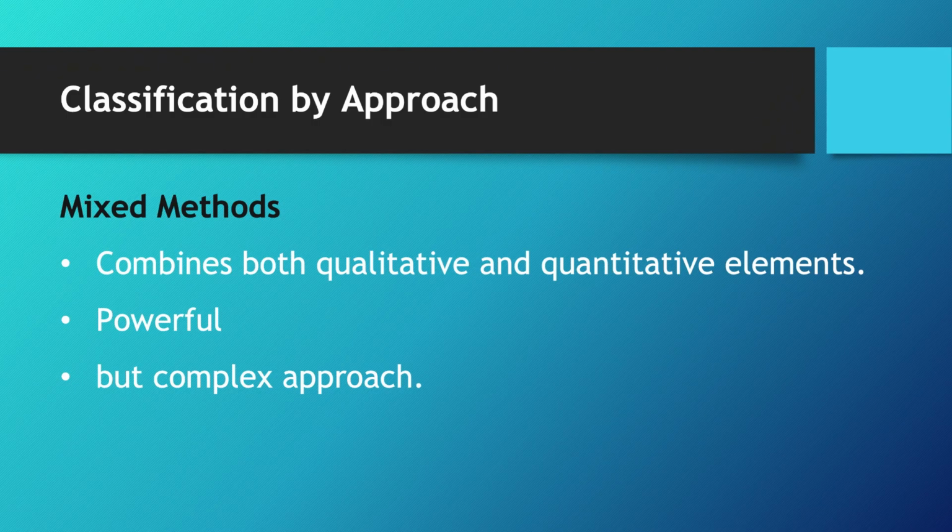So basically, that's what the mixed method is all about. And if you are considering a mixed method, one thing you know is that both the stress involved in a quantitative and a qualitative study is what you are going to be putting into this type of research. That makes it more powerful, and that makes it more complicated. So it's a complex approach.